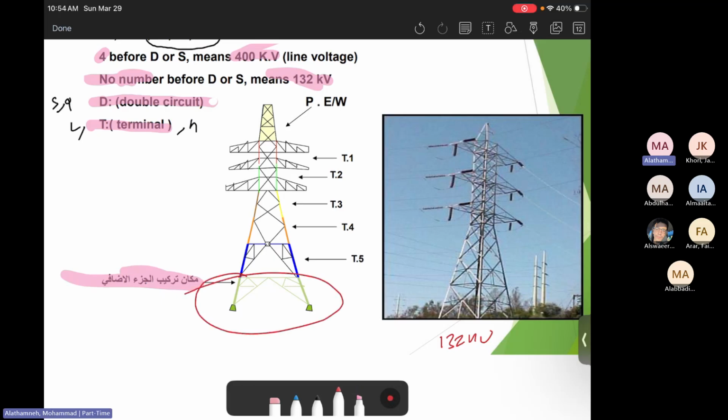So the standard is valid for any DL tower or any DT tower or any DN tower. It is fixed. I mean, it is designed. While if you need to increase the height, you add it into, I would say, the basement.